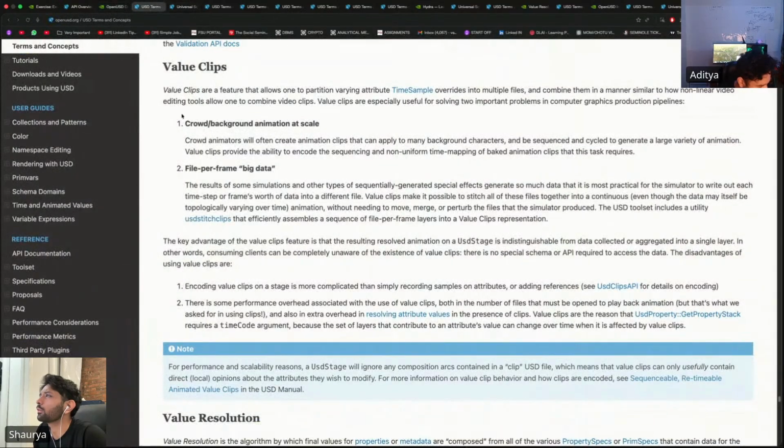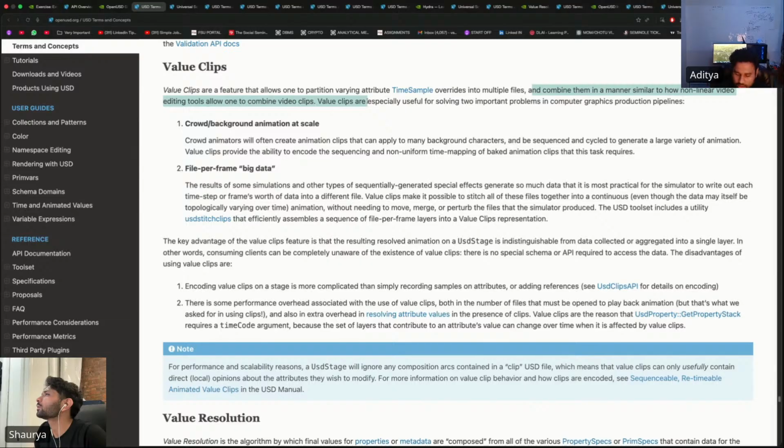Value clips are a feature that allows one to partition varying attribute time samples into multiple files and combine them in a manner similar to how nonlinear video editing tools allow one to combine video clips.